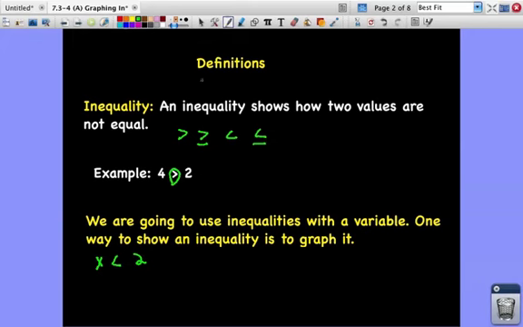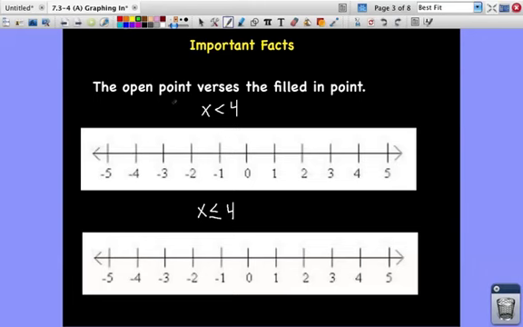Now let's look to see how we're going to graph these. We have an open point versus the filled point. For our first example, we have x is less than 4, and we also have the inequality x is less than or equal to 4. The way we graph both of these is going to be very slightly different.